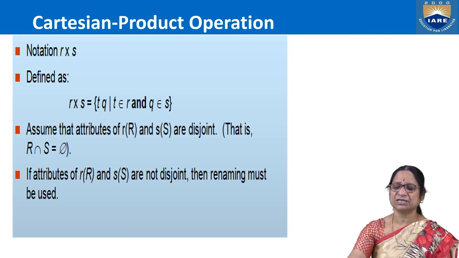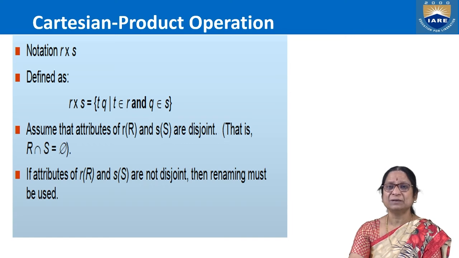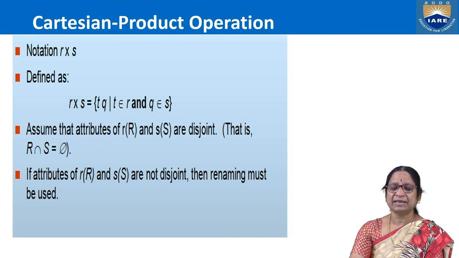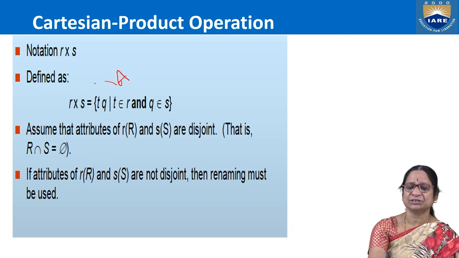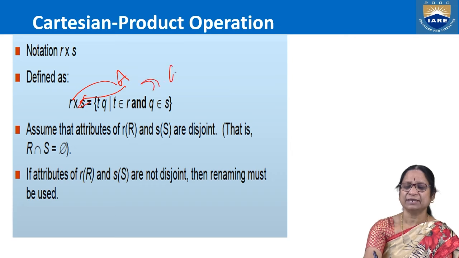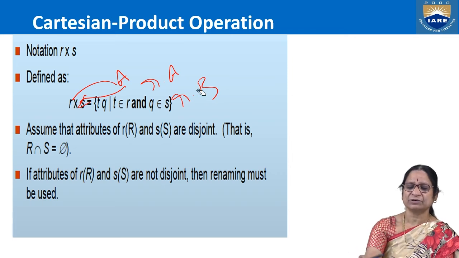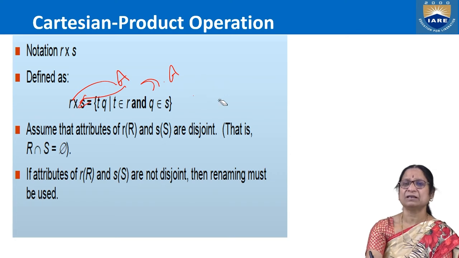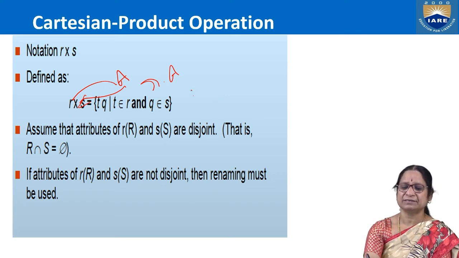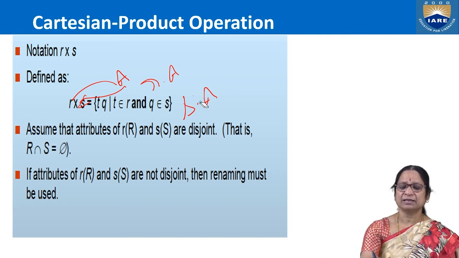Sometimes we may use qualification also to access the data of common attribute names. For example, an attribute A is there in relation R as well as in S. I may represent them as R dot A and S dot A. R dot A means the attribute A in the R relation, S dot A means the attribute A in the S relation.